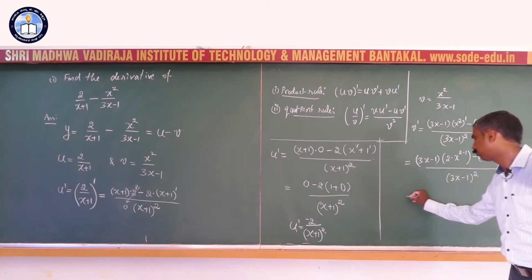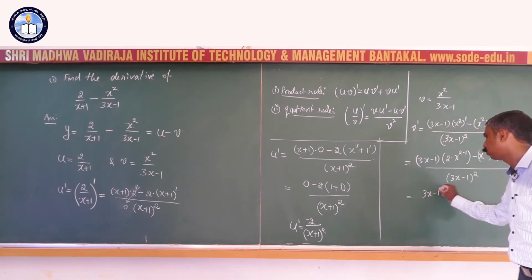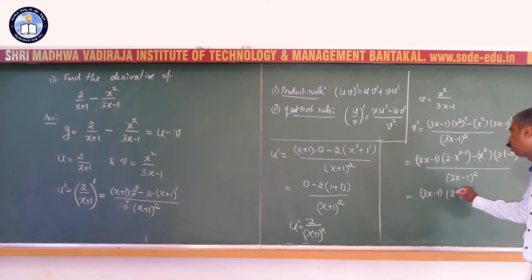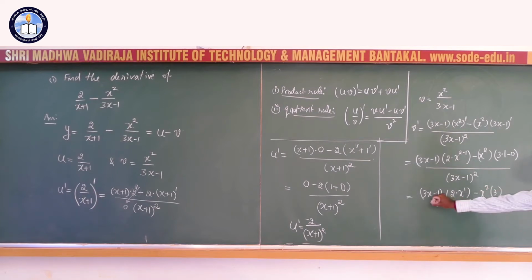Now, what happens here? This is 3x minus 1 into 2 into x to the power 1, minus x square into 3, divided by 3x minus 1 whole square.